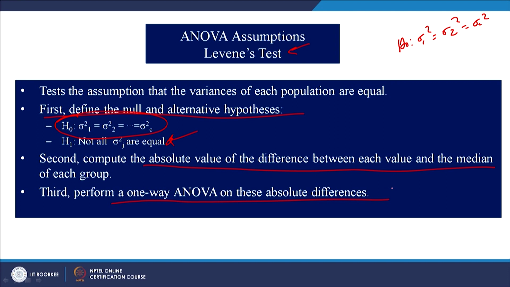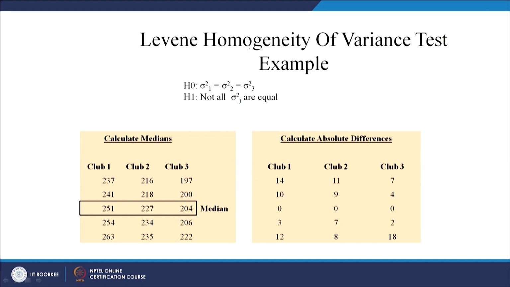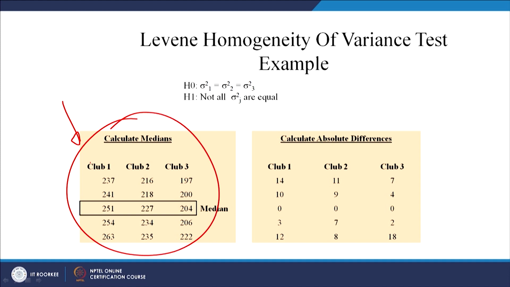So, let us test one of the questions for equality of variances, right. Let us look at this question. Though we have already worked out this question, what about variance? We have not checked equality of variance so far.